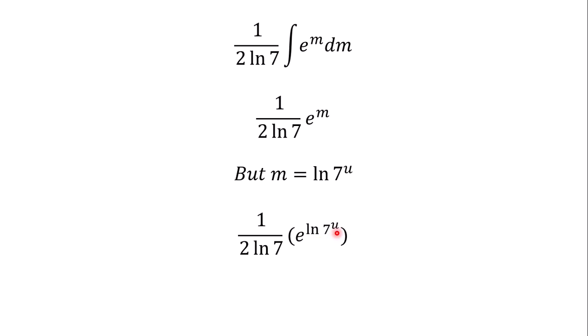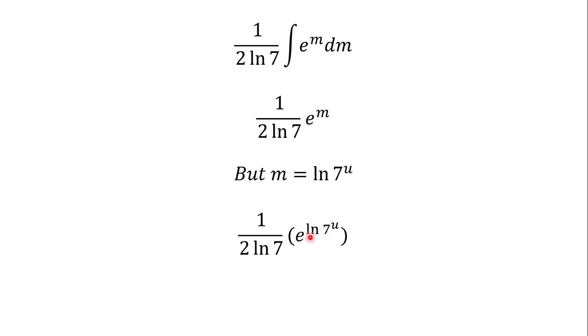Now you remember the other part, it was 7u and we rewrite it to get something like this. Remember I said when you rewrite it using natural log, when you compute it, it should give you the same answer as that 7 raised to the power u.